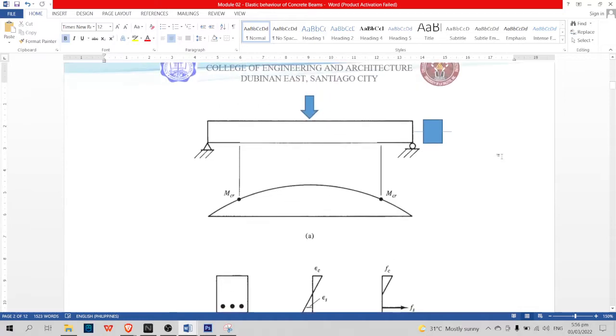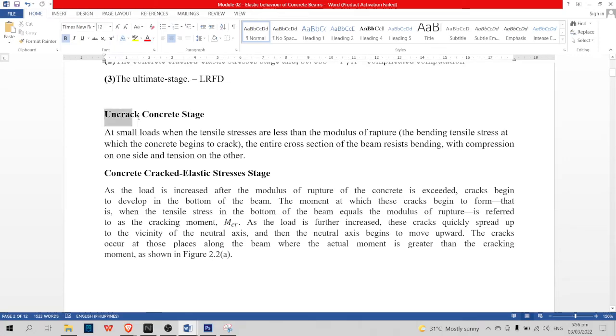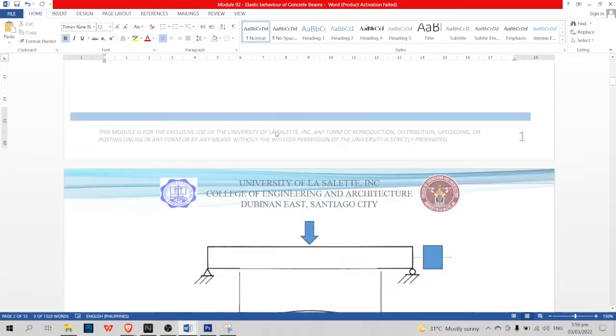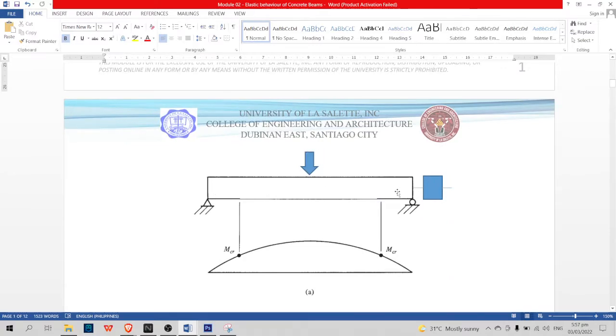Okay. So, we have this cross section. Ang ibig sabihin niya sa unang stage, itong cross section na to buo pa. Yun nga, from the term itself, hindi pa siya nagka-crack. Okay. So, with a little bit of load, wala pang crack. Makikita nyo visibly dapat na yung beam, wala siyang pinapakitang mga crack.